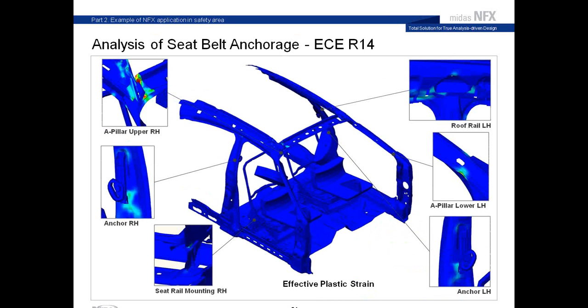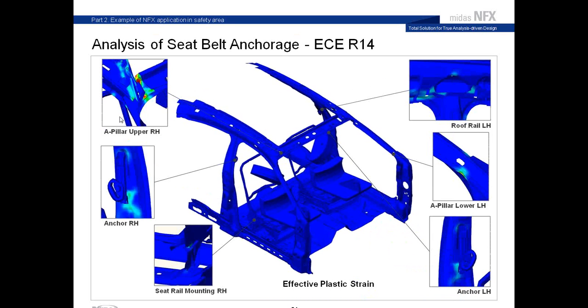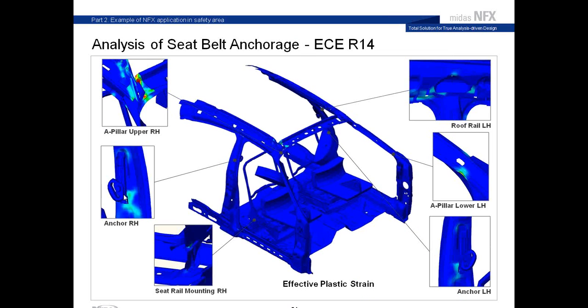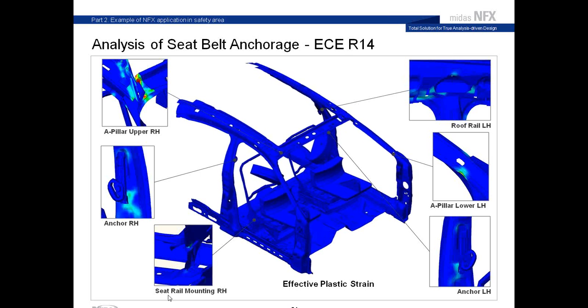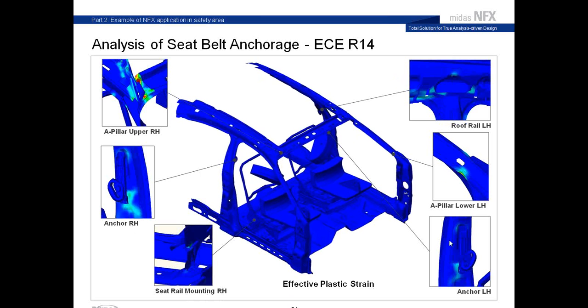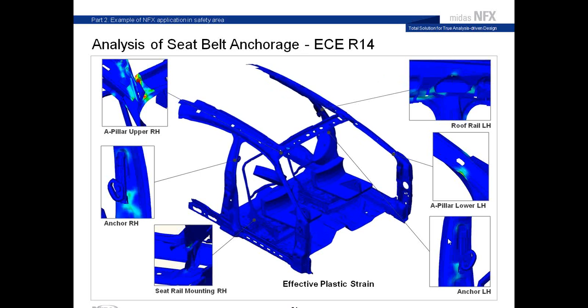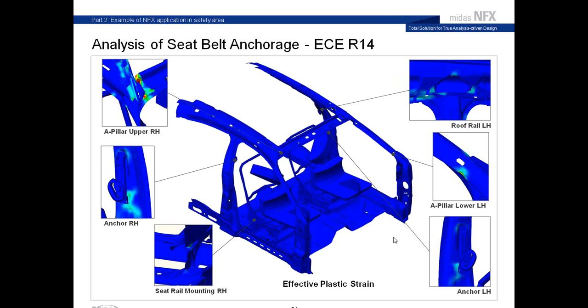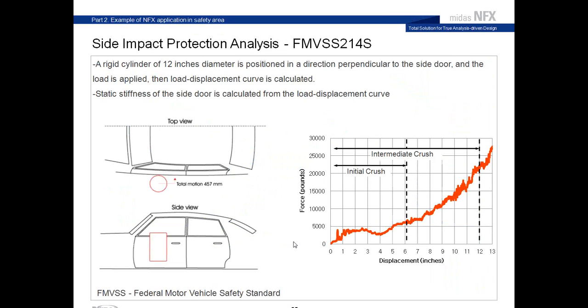The parts which are taking more damage are the A-pillar upper, the anchor of the seat belt, and the seat rail mounting. It's very good to perform this kind of analysis because you can detect all the small parts which will take more damage, and all that can be reinforced.